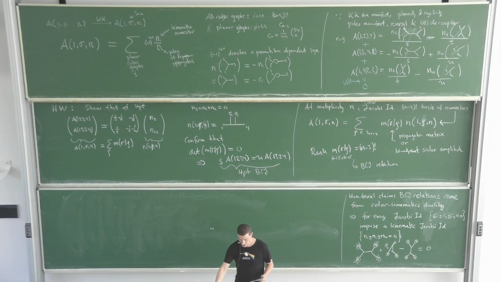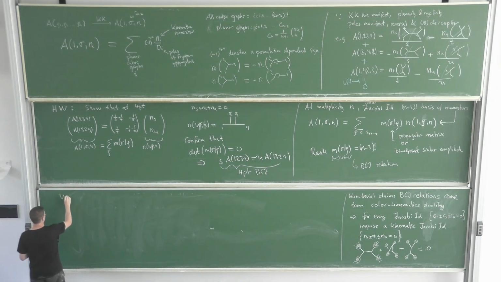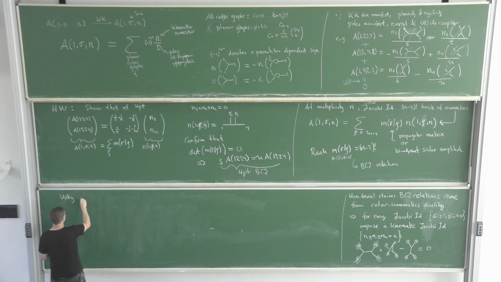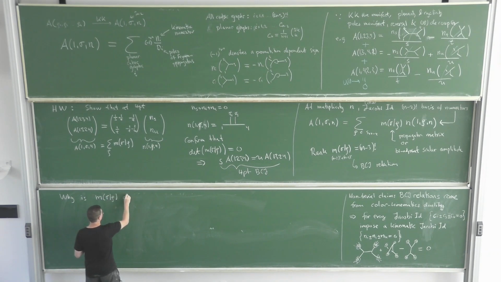Now, let me say why we should have expected this. I mean, in hindsight, we should have expected it. So why is this matrix M sigma rho degenerate?